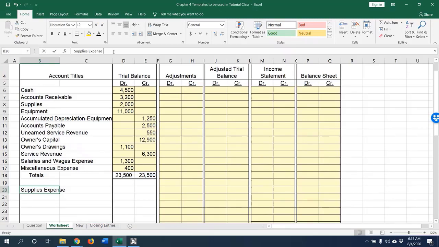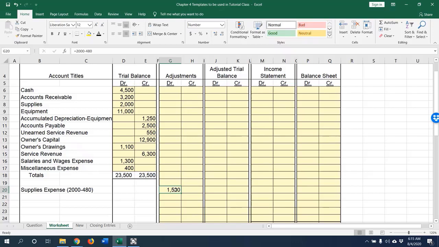That means during the month we have used supplies of 1,520. So supplies expense should be debit 1,520.